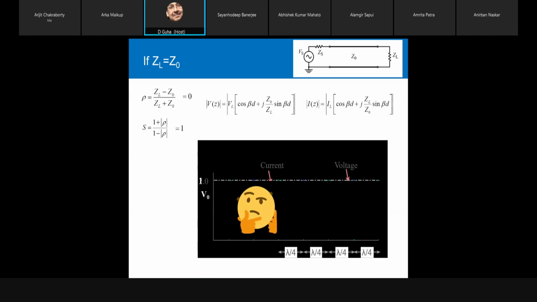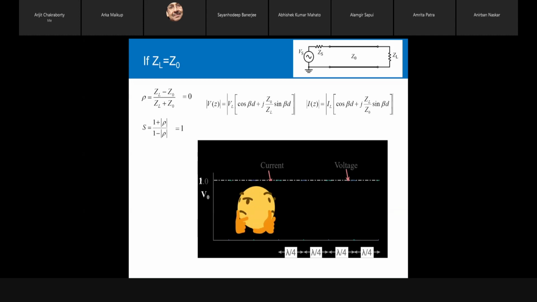So the question is, what is the significance? How do you determine Z naught or characteristic impedance of a transmission line? Any of you, can you explain what you understand by the term characteristic impedance or line impedance?